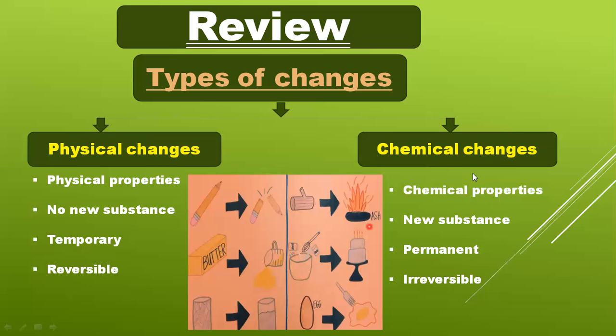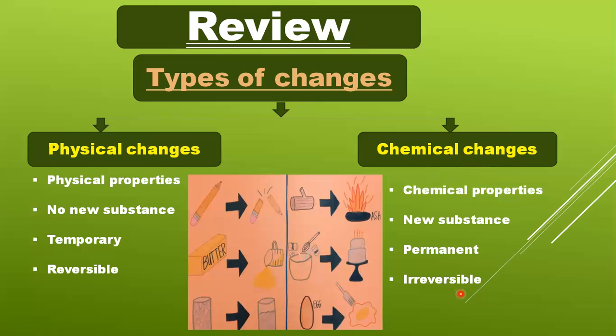Now come towards the chemical changes. Chemical changes are basically irreversible in nature, and we know irreversible changes as those changes that cannot go back.